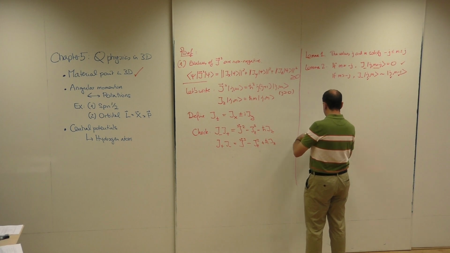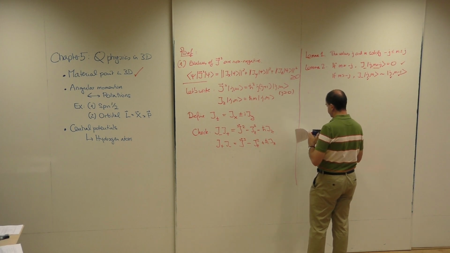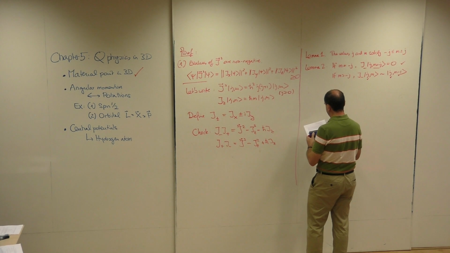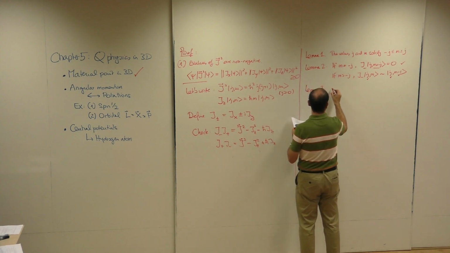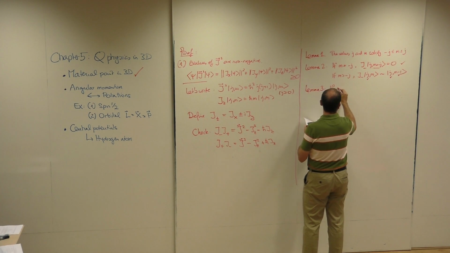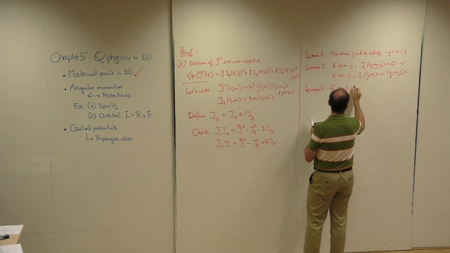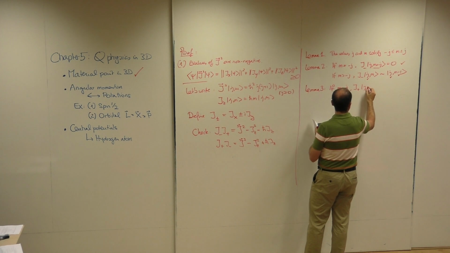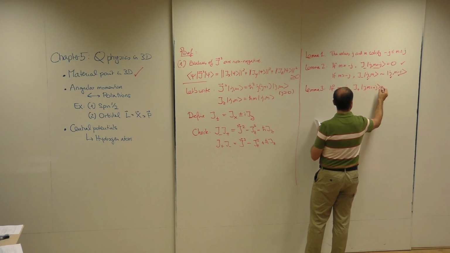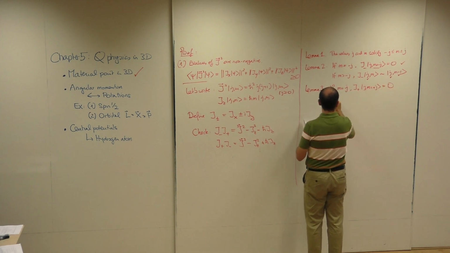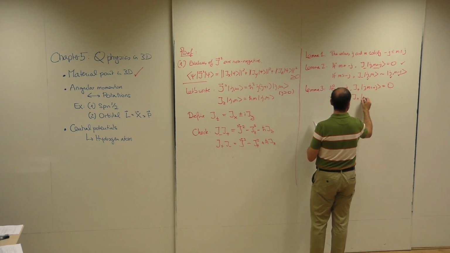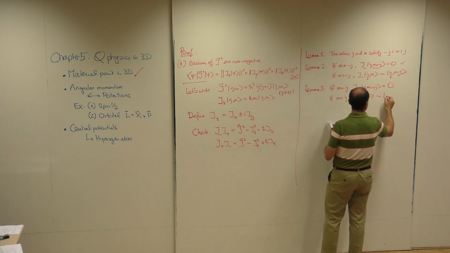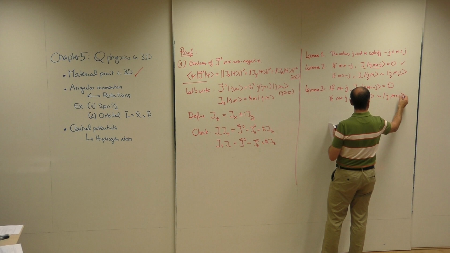So lemma number 3 is that if M is already equal to plus J, J plus Jm is 0, and if M is strictly smaller than J, J plus Jm is proportional to Jm plus 1.